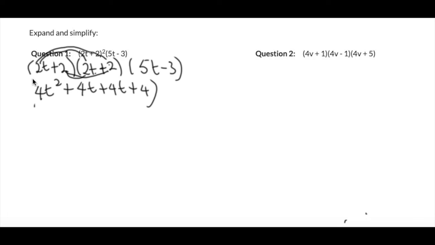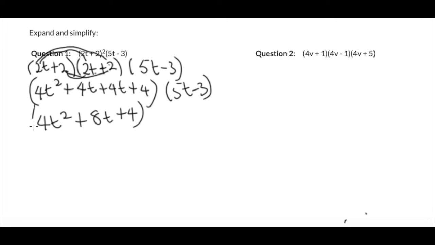Then you put that in brackets. Then remember, you still have 5t minus 3. So you simplify this first, which is 4t squared plus 8t plus 4 in brackets. Then you still have 5t minus 3.